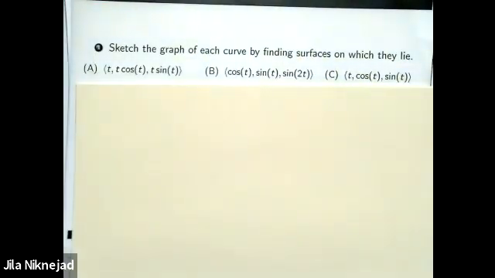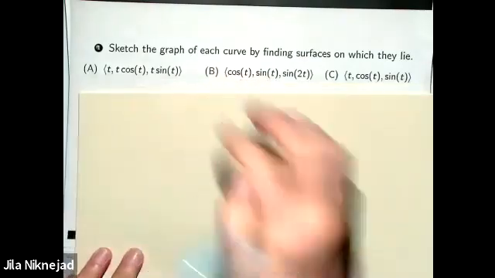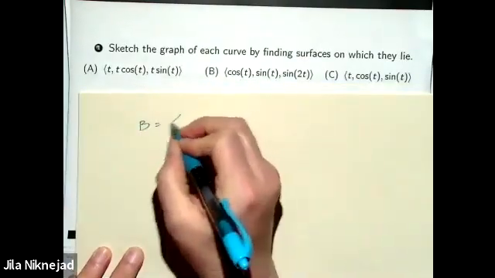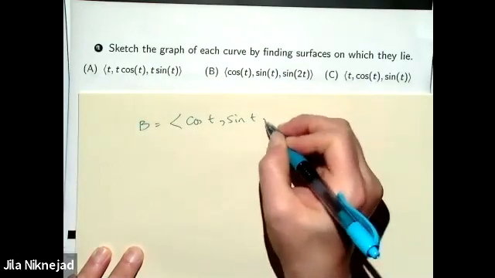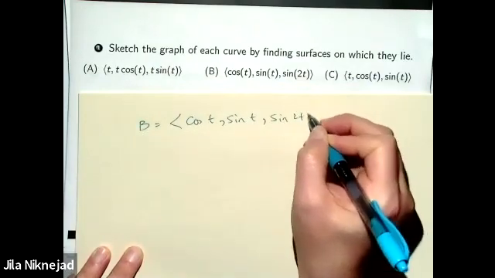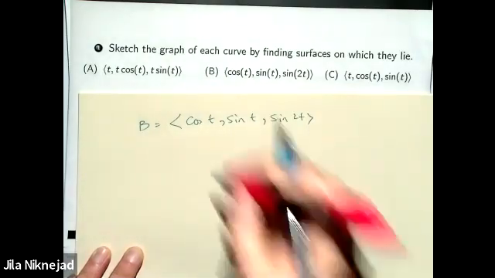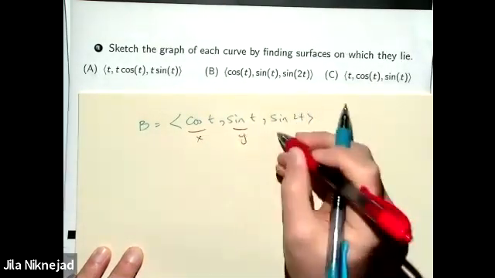Let's do part B. Part B is asking cosine of t, sine of t, and sine of 2t. It turns out, again, this is x, this is y, this is z.